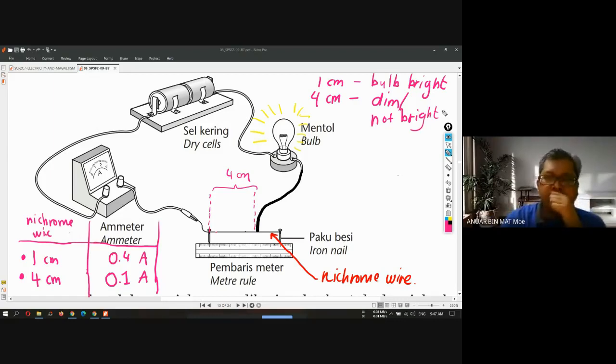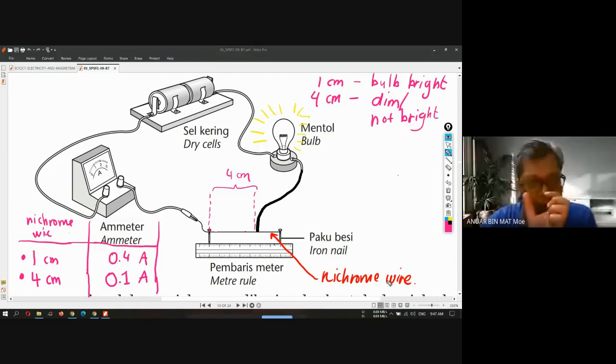So what is the relationship? Anybody? Can you give a conclusion about this activity? For your information, nichrome wire is a wire made of material that has higher resistance to electric current.